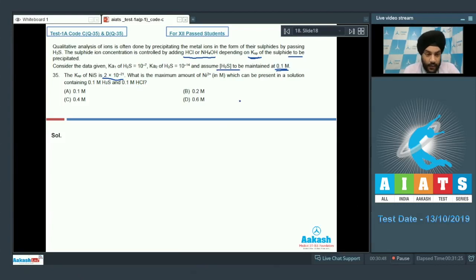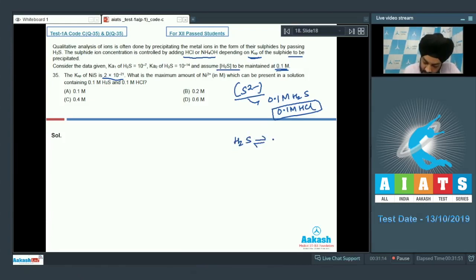Okay, so students, what we have to do is first find out the sulfide ion concentration present in 0.1 molar H2S in presence of 0.1 molar HCl. We know that in the presence of external H+ ions, we can directly find the concentration of sulfide ions by using the formula. So we have H2S giving us 2H+ plus S2-.